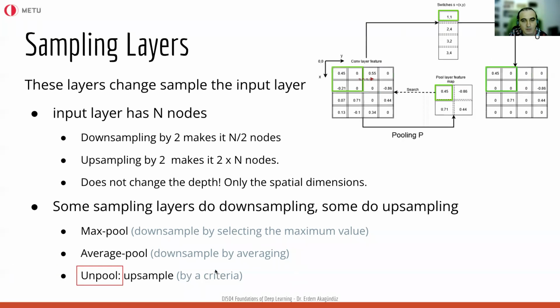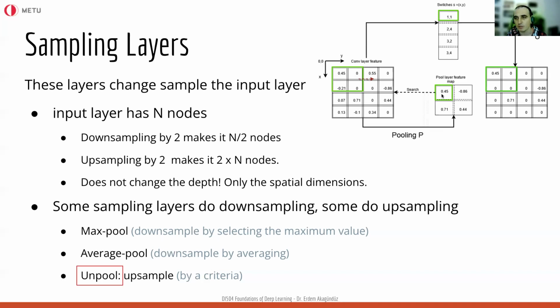And there's this famous unpool, which is a way of upsampling. So imagine you've done max pooling here, right? You've selected 45.